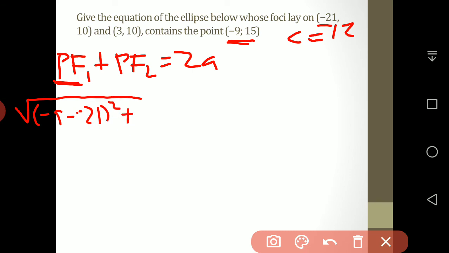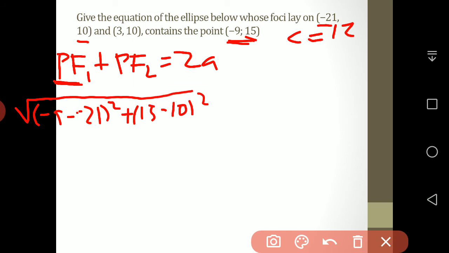What we're doing is the distance formula, and we have 15 minus 10, squared.